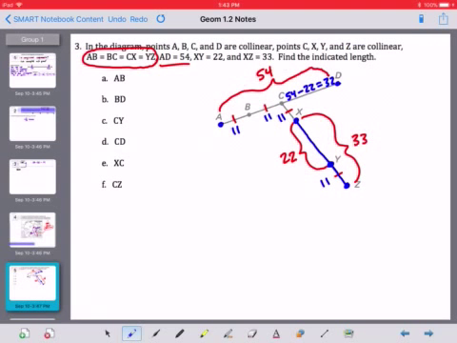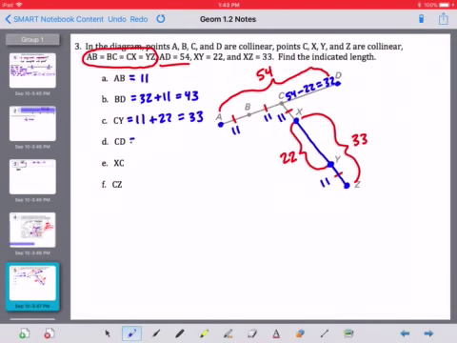Let's go back and answer these questions. First of all, AB, that was from A to B, we know is 11. From B to D would be 32 plus 11, or 43. From C to Y would be 11 plus 22, which is 33.